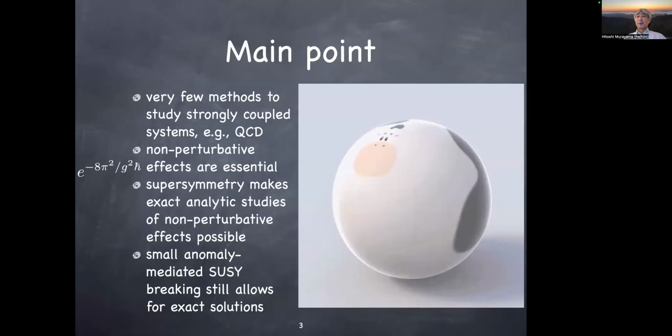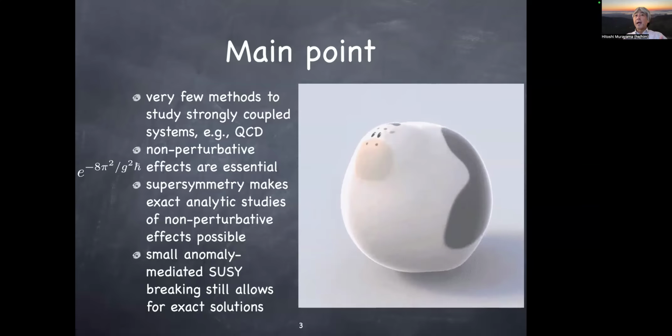And that is the supersymmetric limit of gauge theories. The point here is that the minute you introduce a small breaking of supersymmetry in the specific way I mentioned earlier, then you can start picking out where the head is, where the tail is, and all the features of the real cow already at this stage of small supersymmetry breaking. And that's the way we try to extract information about the non-perturbative effects in non-supersymmetric gauge theory. So that's the idea.